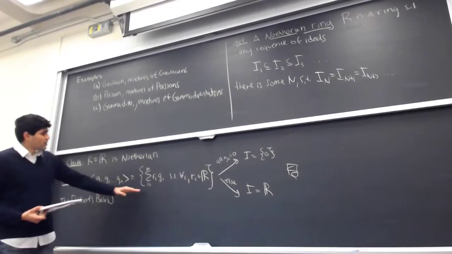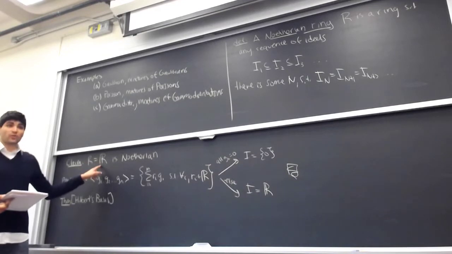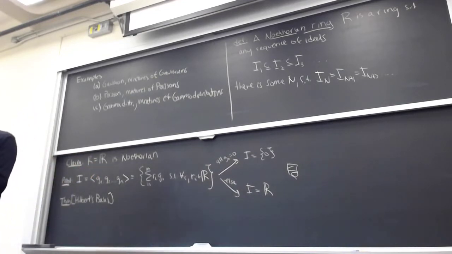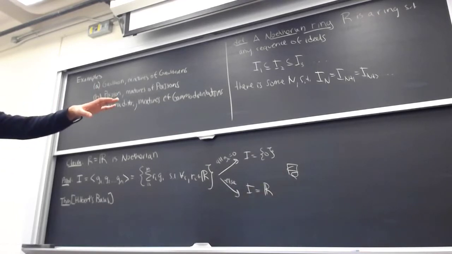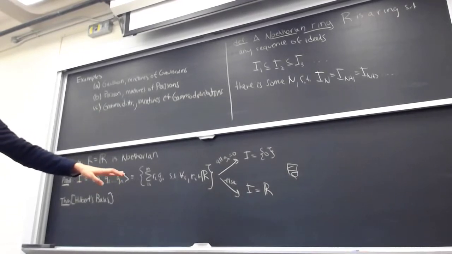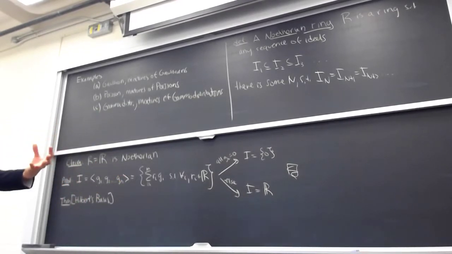Because the next question to ask after we know one ring that's Noetherian is whether R of x is Noetherian, whether the set of all univariate polynomials with real coefficients also has this property that we want. Now you could prove that directly, the proof would get a little bit longer, and then maybe you'd want to prove it for R of x comma y, and that would get longer even still.